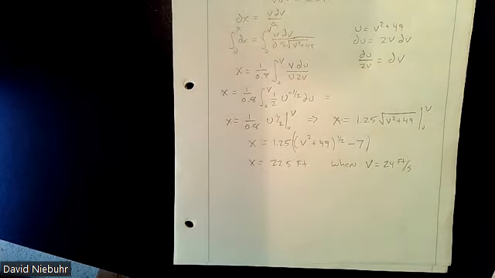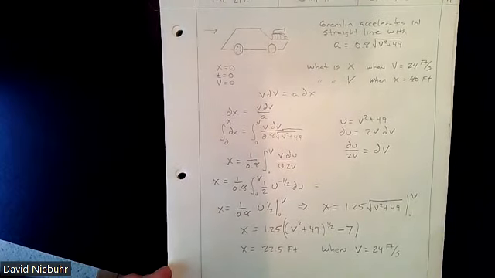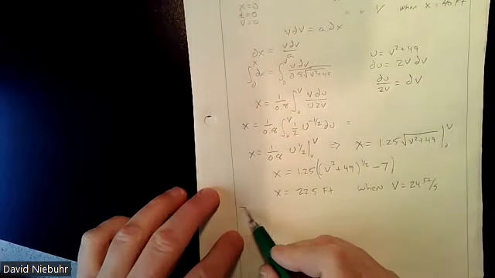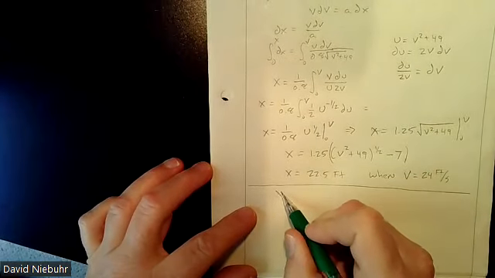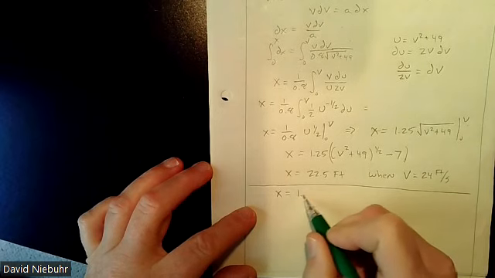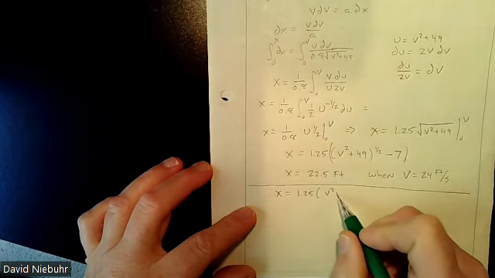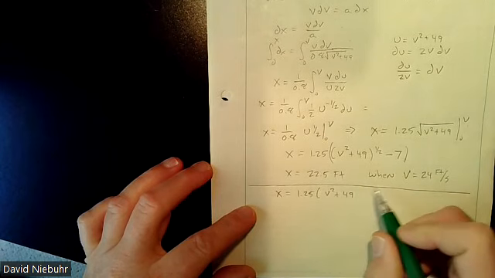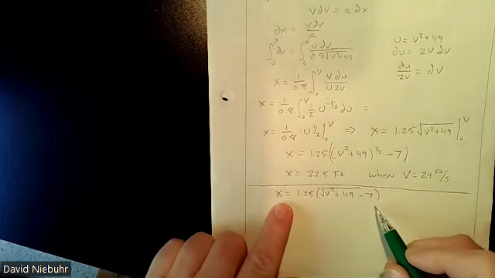Now, because we know the relationship for v as opposed to x, we can ask what the velocity is at x equals 40 feet. That's just going back and solving algebraically. We have x equals 1.25 times (the square root of v squared plus 49 minus 7).